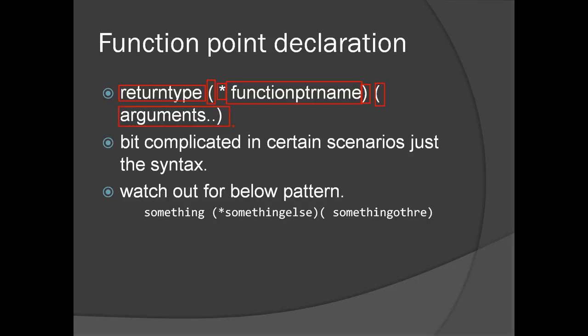It can get a little bit complicated in certain scenarios, which we will see soon. But in production code, we will rarely get complicated function pointer syntaxes. All we have to do is watch out for this pattern. This is the return type, this is the arguments which are passed to the function, and most important is this part.